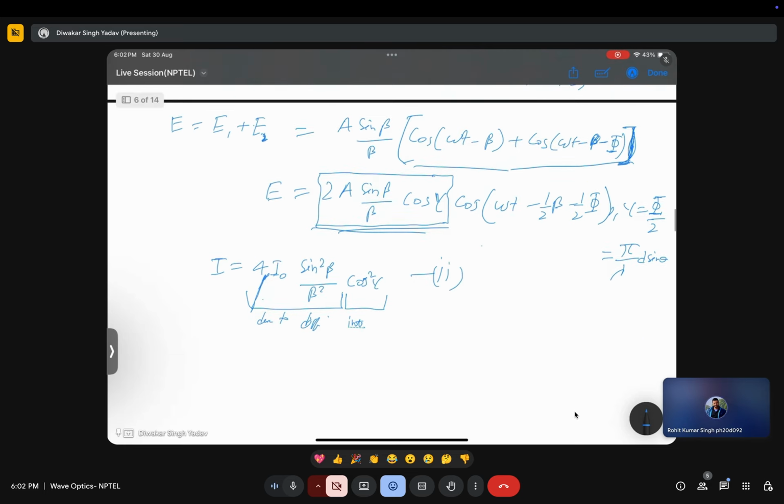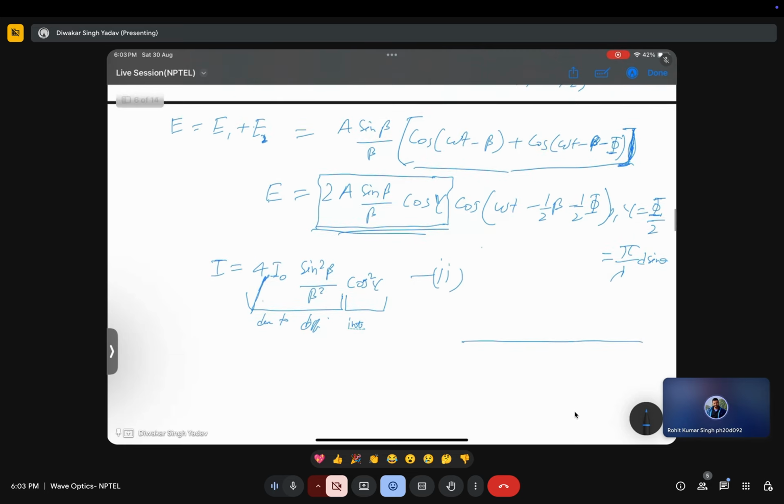So the diffraction pattern, if you plot it, will look something like this. It will have a profile of diffraction like this.